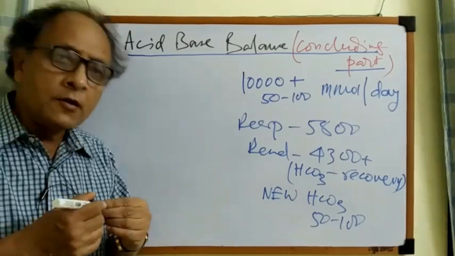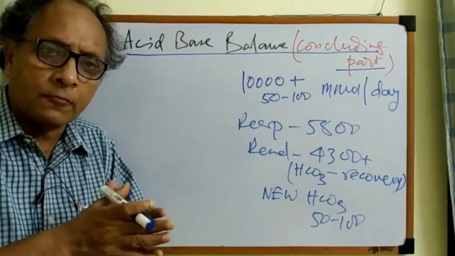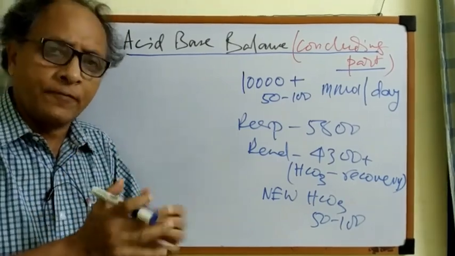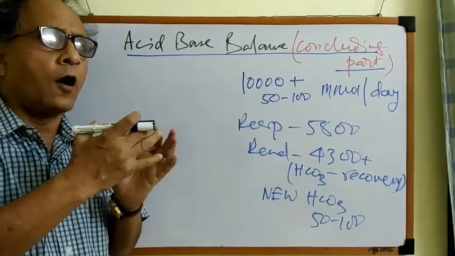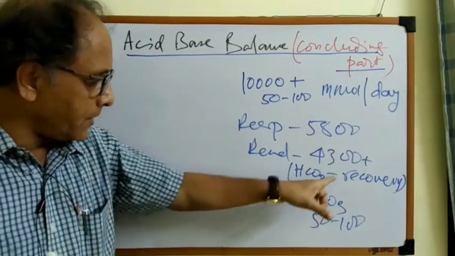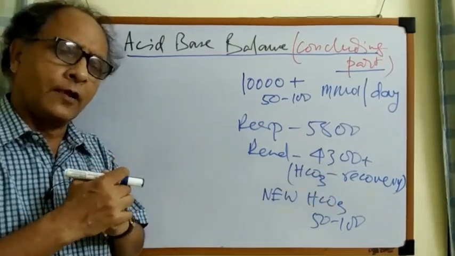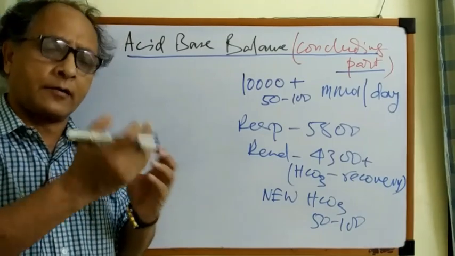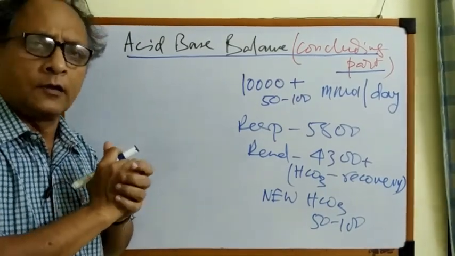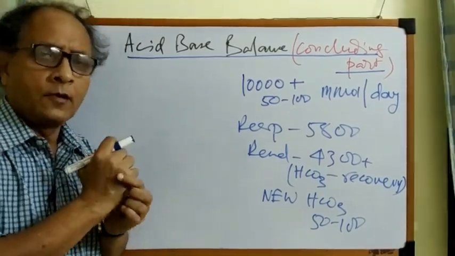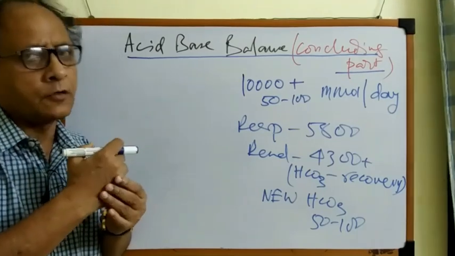What we mean by recovery of filtered bicarbonate, reclamation of filtered bicarbonate, and how much it can take place, I have mentioned. And when it is even in excess of that, some extra hydrogen ion is secreted into the tubular lumen. What is the fate of that hydrogen ion?